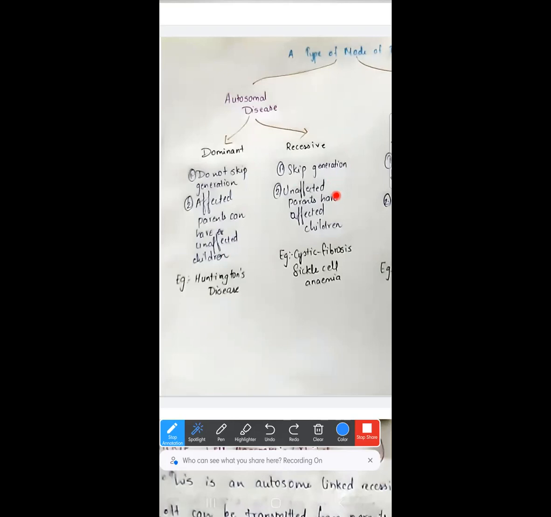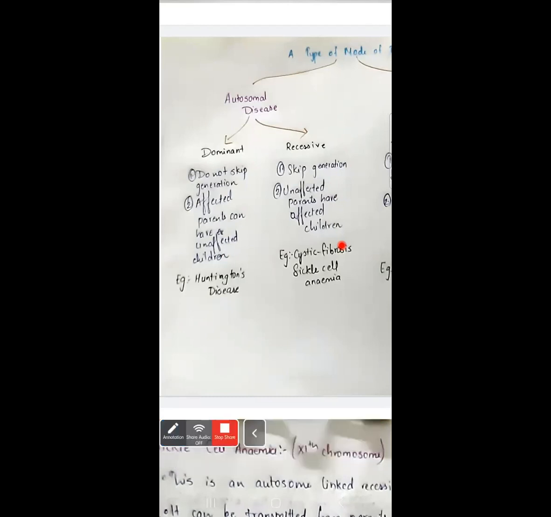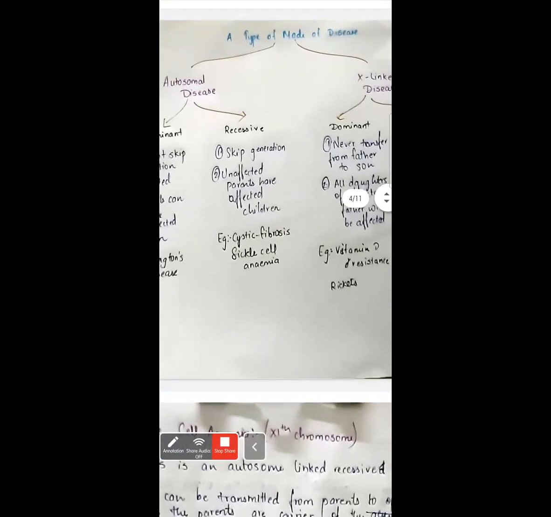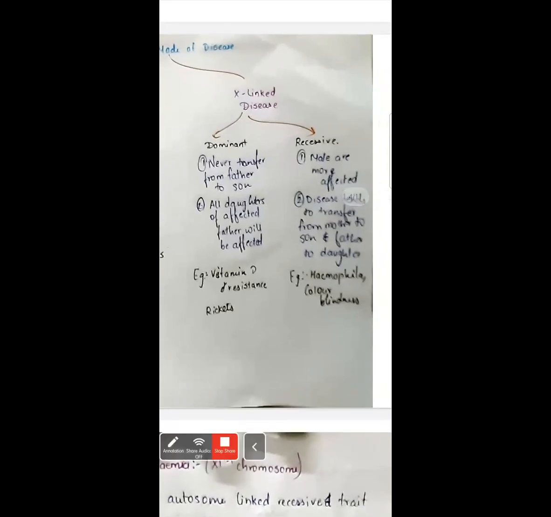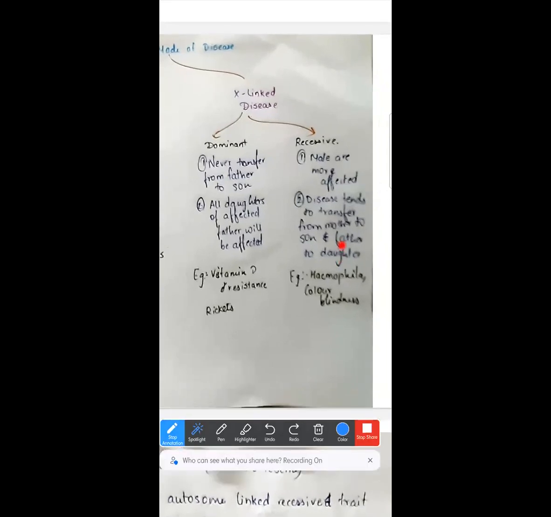Unaffected parents have affected children too. Example, cystic fibrosis, sickle cell anemia. So sickle cell anemia and cystic fibrosis occur due to an autosomal recessive trait.